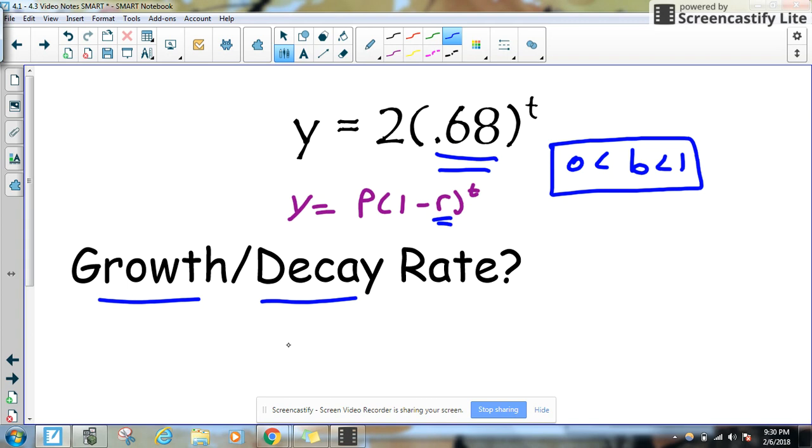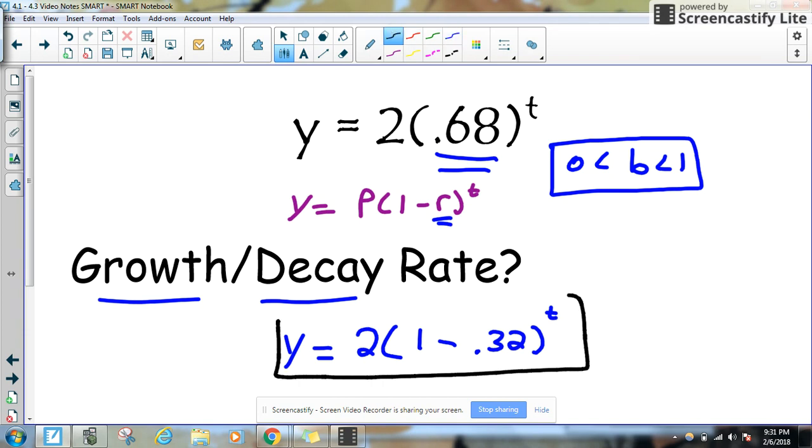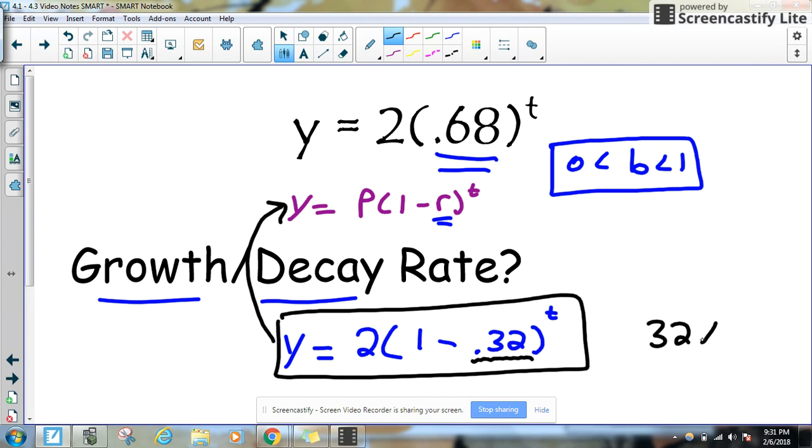If we were to write this down, we have y equals 2 times 1 minus 0.32 raised to the t. Now, as it's written, notice that it matches this formula right here. And so you can easily identify what r is. r is 0.32, which means the decay rate is 32%.